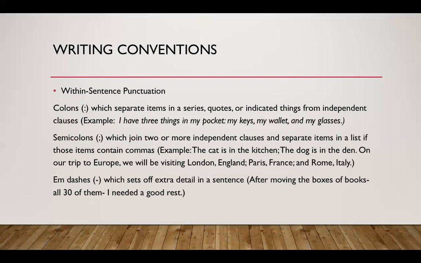It has to be done by a semicolon. When you're looking up here at my pocket, my keys, my wallet, and my glasses, there's no commas in here that separate my keys, that separate my wallet, and that separate my glasses. So you're using commas here to separate your list. So I hope that's clear for you, that you can see that.